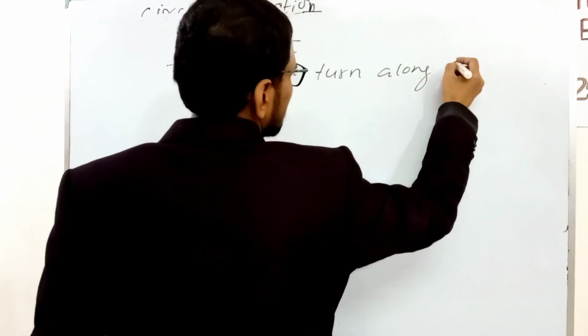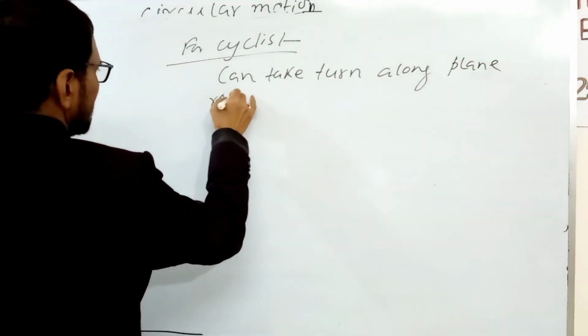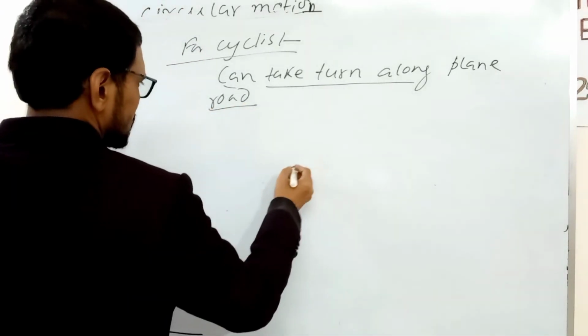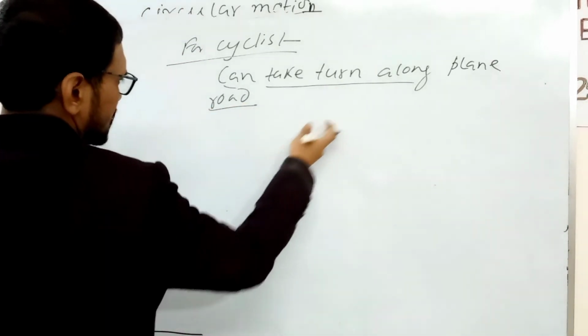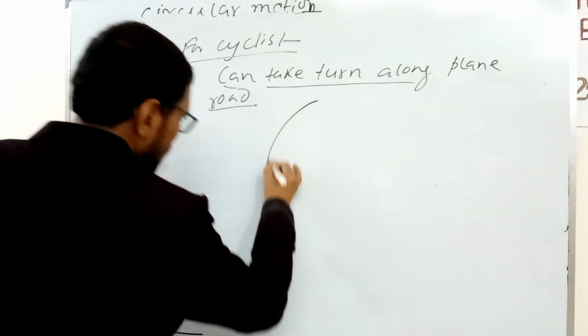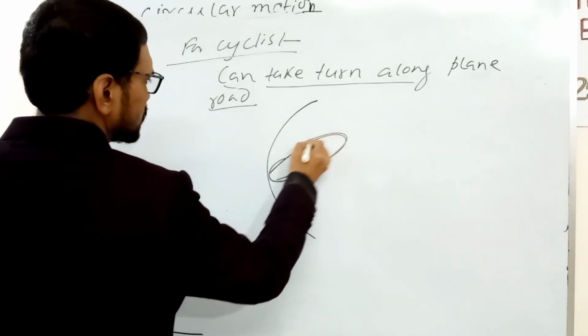Okay, now car along a smooth plain road. So when he takes a turn on the road, he leans with the vertical. Suppose this is a road. When a cyclist turns, suppose this is a wheel of the cycle.